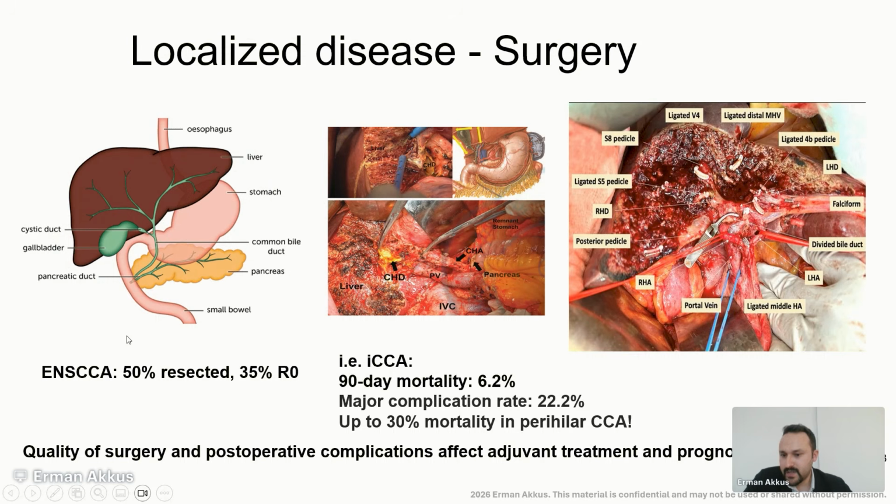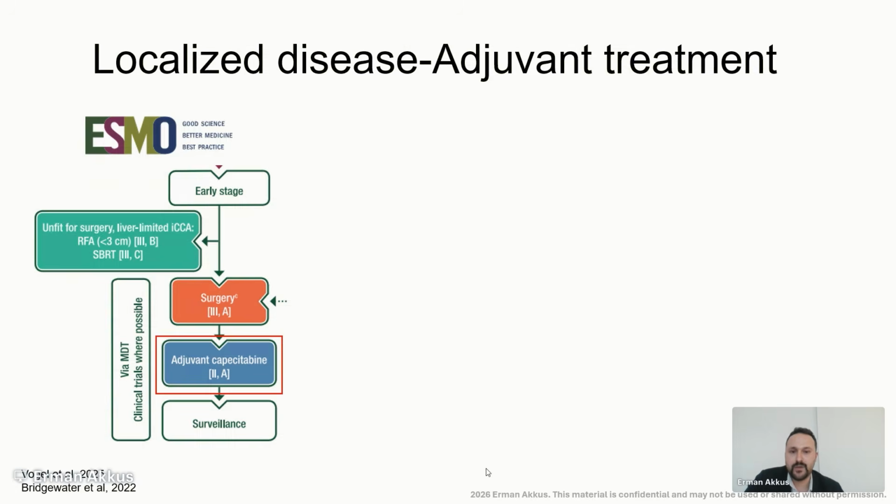According to the registry, 50% of patients underwent resection, and the R0 resection rate was 35%. For example, in intrahepatic cholangiocarcinoma, 90-day mortality can be around 6%, and the major complication rate is around 20%. And even in perihilar cholangiocarcinoma, as pointed out by Dr. Agrawal, mortality can reach 30%. So quality of surgery and postoperative complications are major determinants of the prognosis and eligibility for adjuvant chemotherapy.